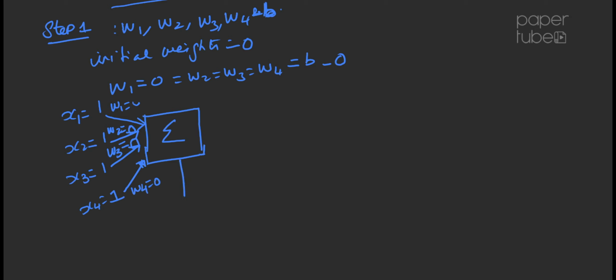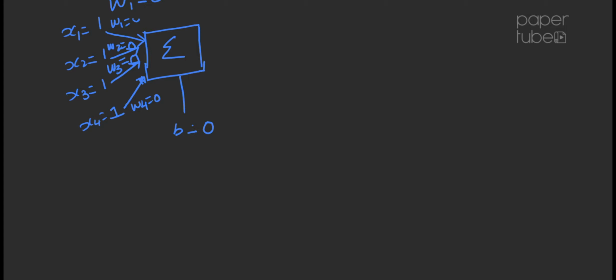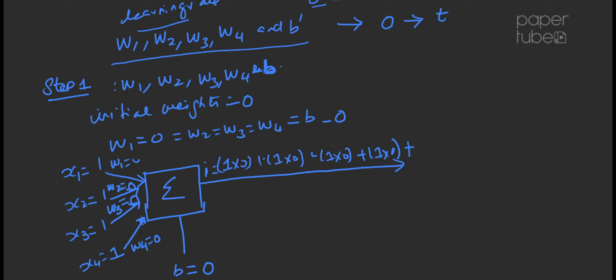And then let's assume bias is also equal to 0. So let's calculate the net input. Your I value will be equal to 1 multiplied by 0 plus 1 multiplied by 0 plus 1 multiplied by 0 plus 1 multiplied by 0 plus your bias, which is also 0, so that's equal to 0.